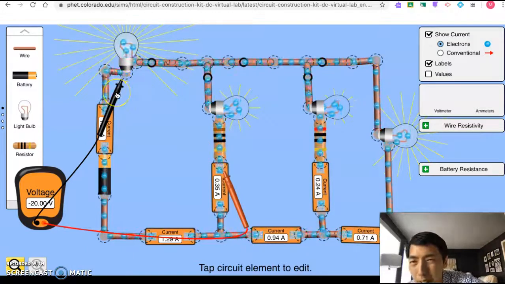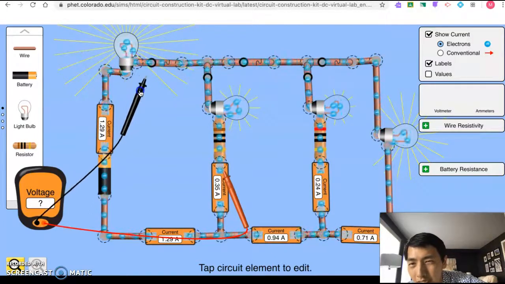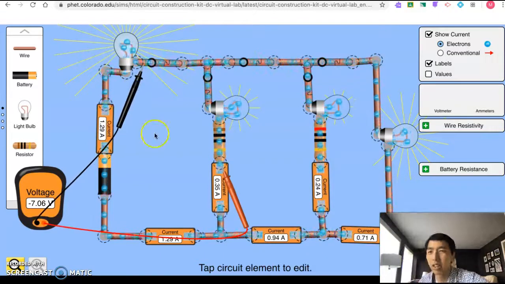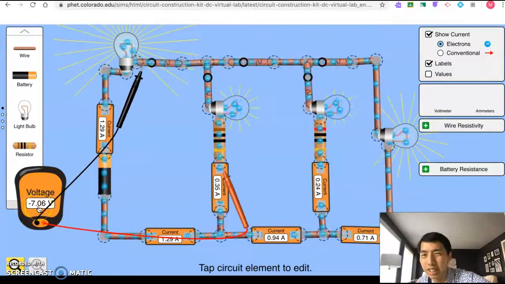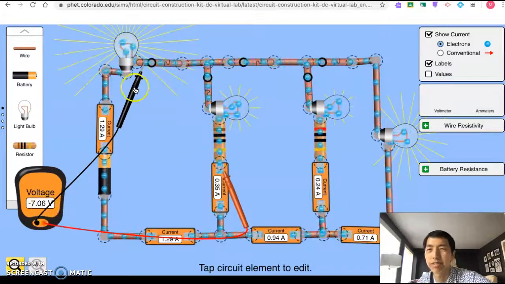What if I put my black needle on the other side of the light bulb? So just move it right over here. Well, then it's negative 7, because now I'm just measuring from the start of the resistor to this point. So I have not actually gone through my second light bulb yet. So that's why it's only at negative 7.